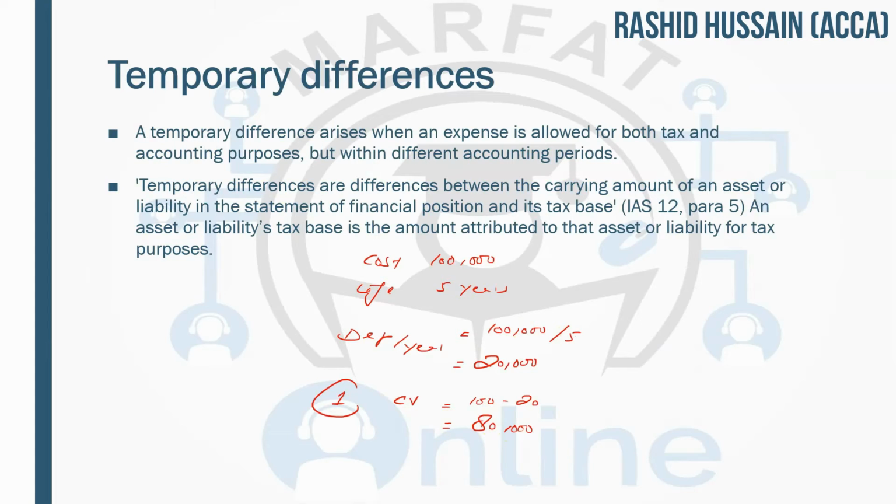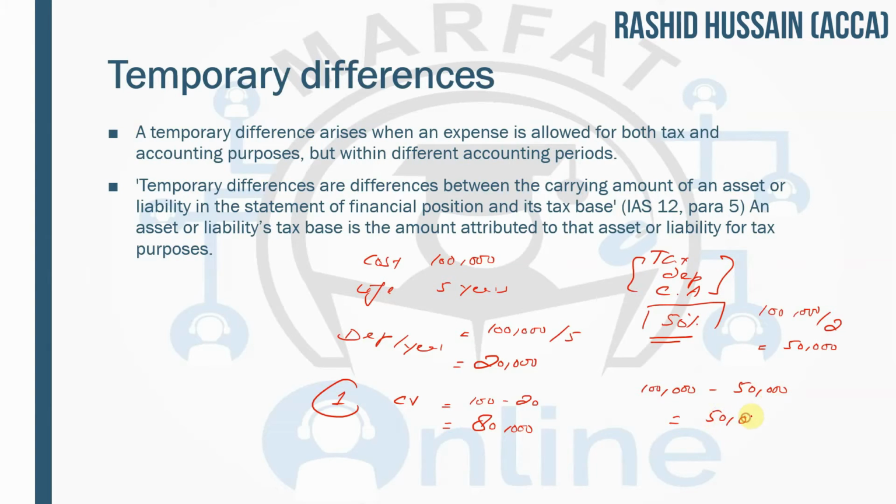Now this depreciation is not being considered by the taxation authority. Instead, they allow you the tax depreciation, which is known as the capital allowance. Say, for example, they have allowed you the 50% tax depreciation. Now, according to them, the asset will be depreciated over 2 years. So, the tax base is going to be 100,000 minus 50,000 is equal to 50,000.